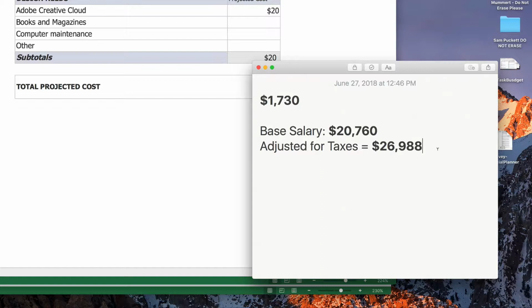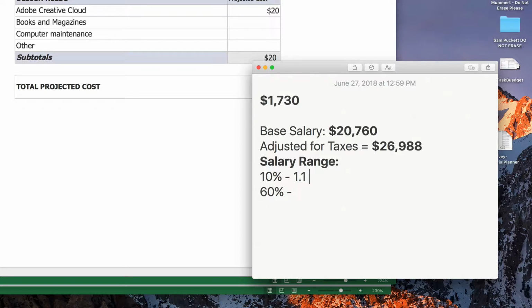Now that we know how much we need to make to cover our cost of living and our taxes, any number above this can go into our personal savings, charitable contributions, and personal growth. Since this number changes over time, we need to think about it in terms of a percentage range. On the low end, it should be about 10%. On the high end, I like to think of it around 60%, although yours can be different.